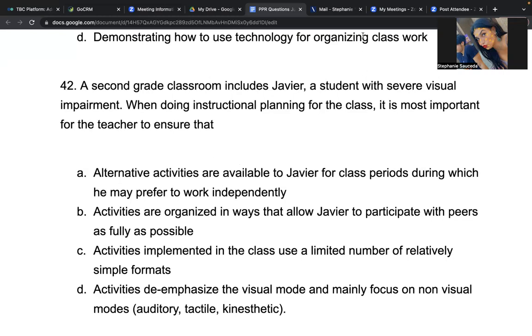This question is about a second grader with severe visual impairment, and it's for instructional planning for the class. So what is it asking of us?